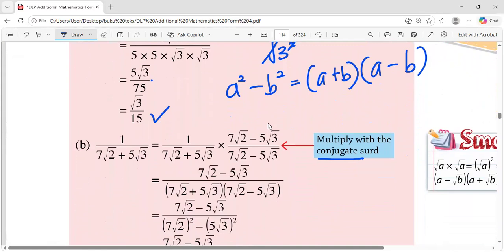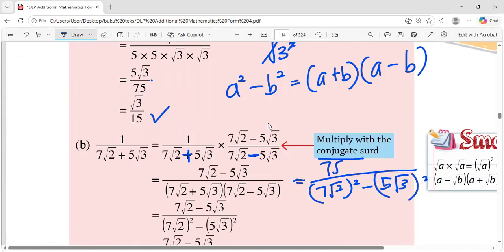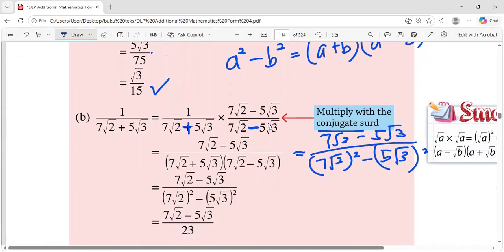And then the bottom, see, this one is plus, this one is minus, so the denominator will become 7 surd 2 square minus 5 surd 3 square. And then the other thing, you just write the same thing. You don't need to show this, but if you want to, you can.